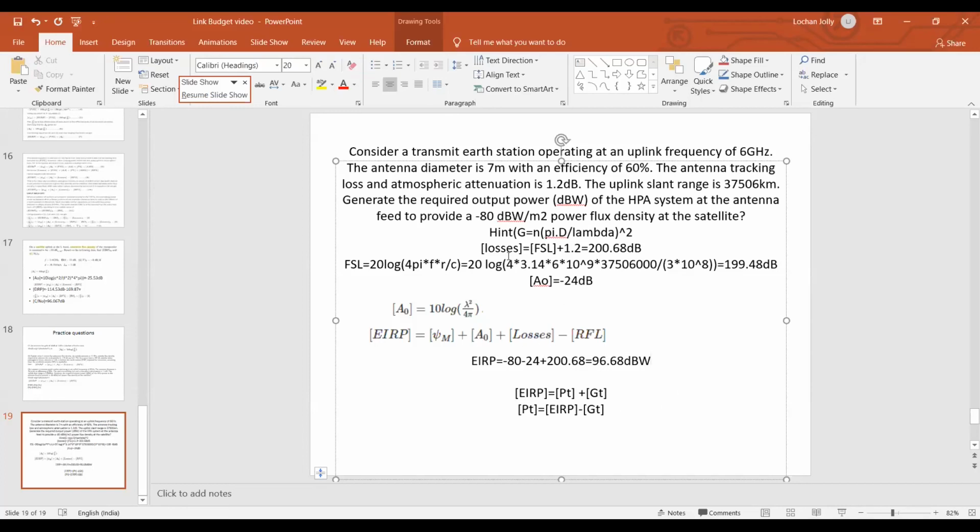Okay, now G is again not given to us. We need to calculate the G for an antenna of diameter 7 meters with an efficiency of 60%. तो gain कितना आएगा हमारा? वैल्यू डालिए 60 by 100 into 3.14 into 7 by lambda, करके बताइए. मैं आई एम ऑल्सो डूइंग विद यू. pi 3.14 into 7, 50.6 I am getting.